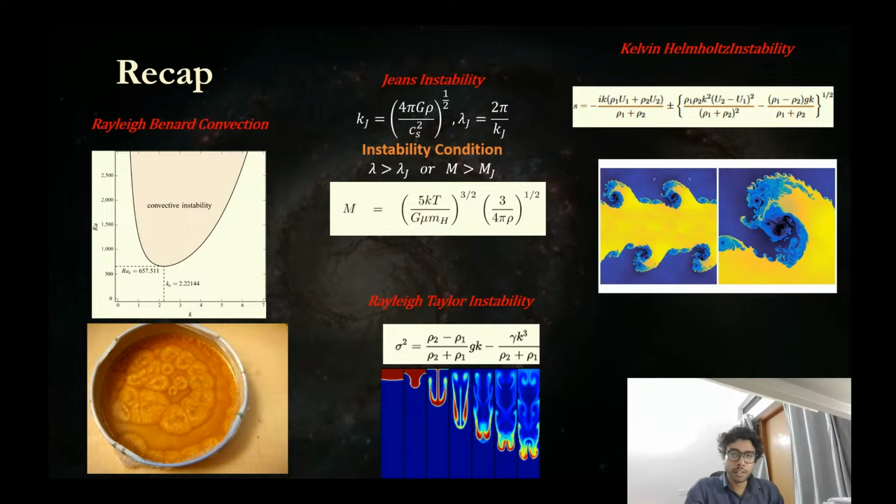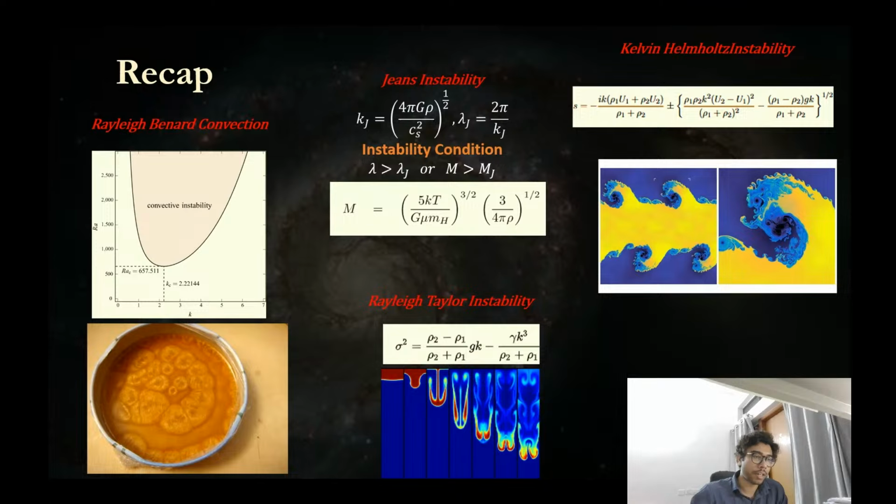Another instability that we studied was the Rayleigh-Taylor instability, which occurs between two immiscible fluids with different densities. We all know that denser fluid will try to go to the bottom, whereas lighter fluid will try to stay at the top.